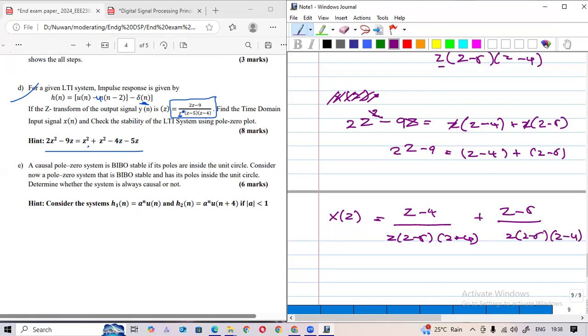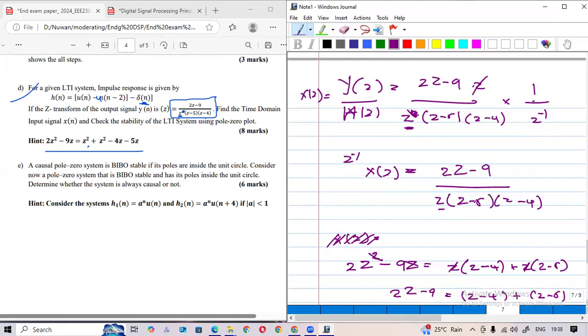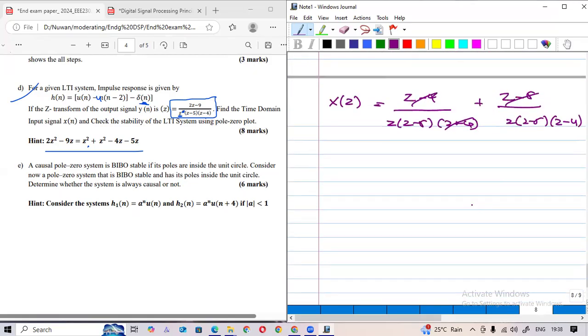So Z minus 4 cancels, this one cancels. So I will be having 1 over Z minus 5 plus 1 over Z minus 4. So this will be XZ.